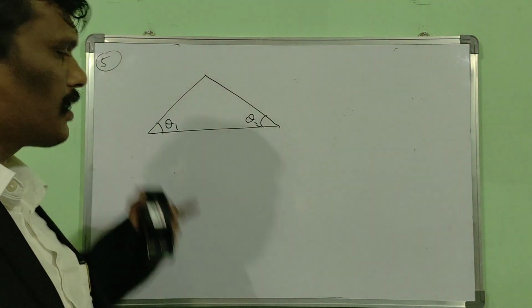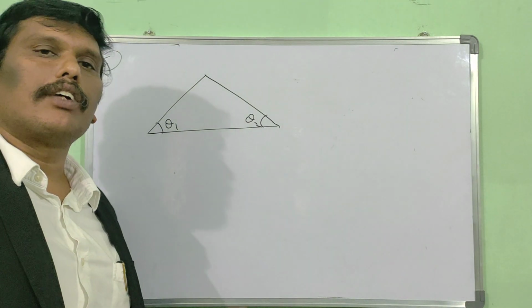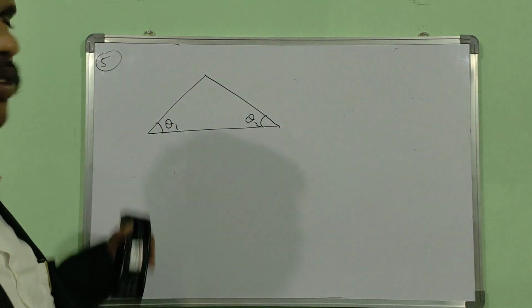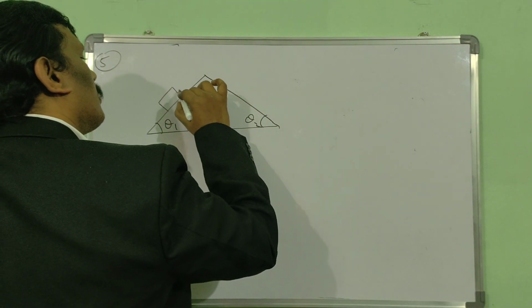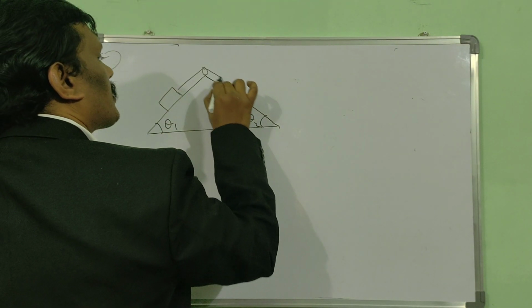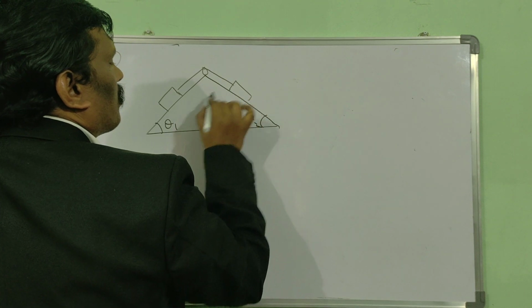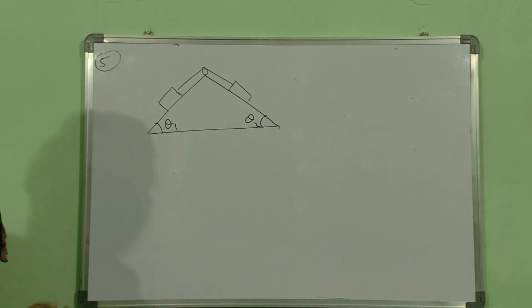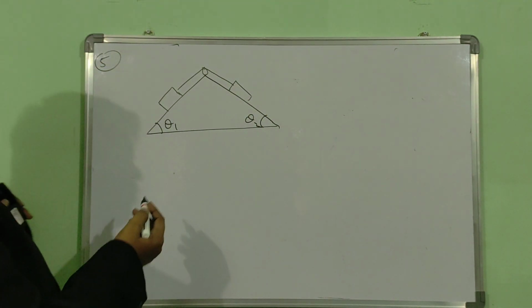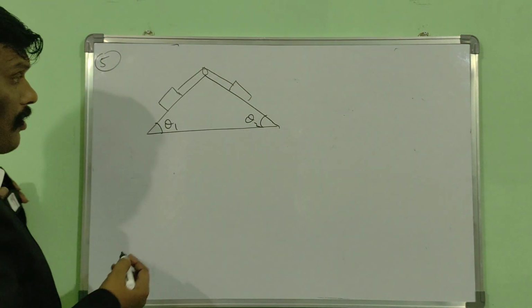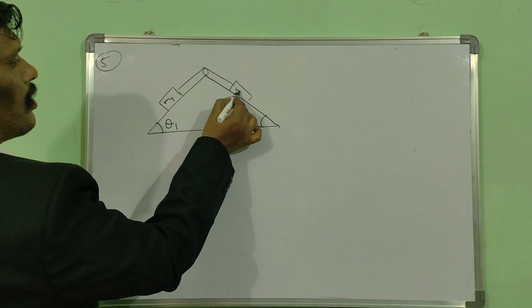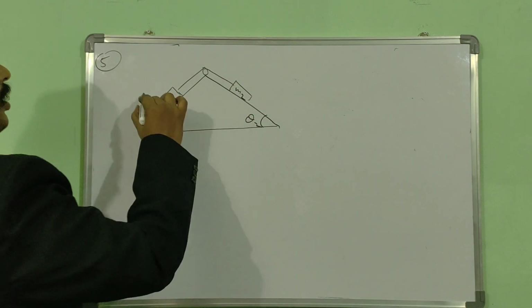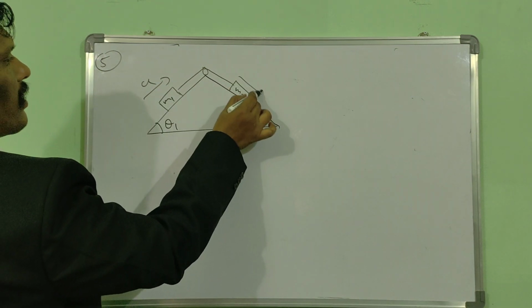In the general case, I consider theta 1 and theta 2; equal or not equal, we do it in the same manner. Two masses are connected with an inextensible string which passes over a light, that is massless, and frictionless pulley. This mass is m1 and this mass is m2. Suppose it is moving in this pattern.